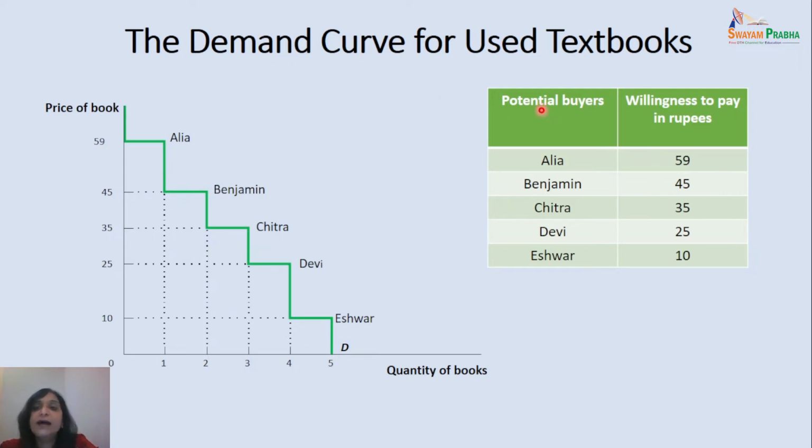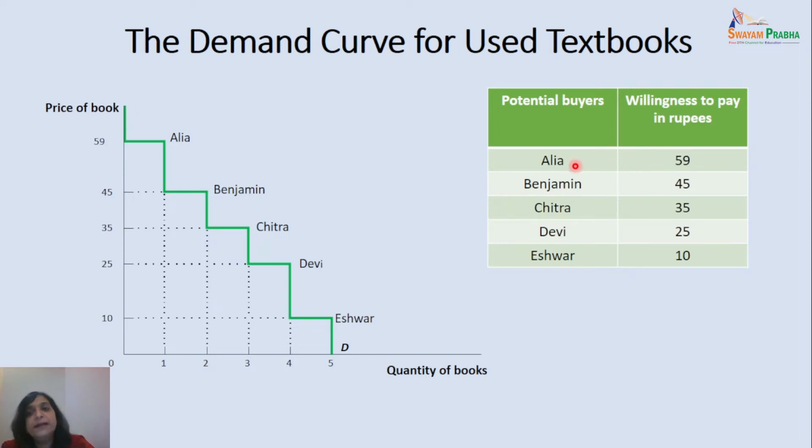Now, I have given you a table where we are talking about 5 potential buyers of this particular product, used textbooks. Each of the buyers, that is Alia, Benjamin, Chitra, Devi and Ishwar, has indicated what price they are willing to pay for this used textbook.